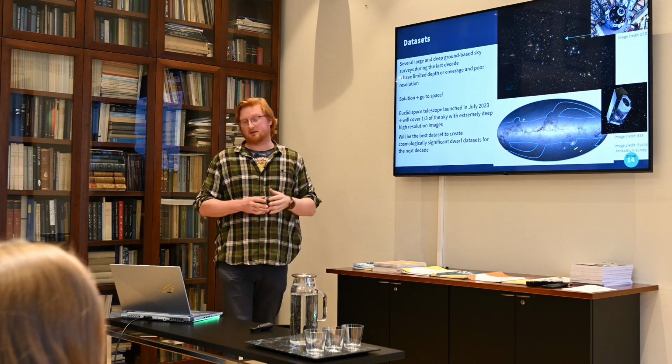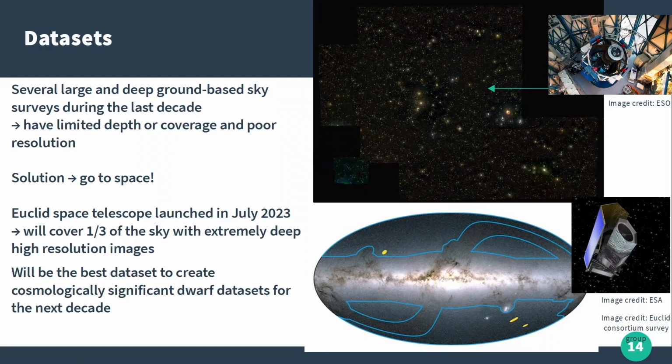It's very representative of what people have been doing for the last 10 or 20 years. There have been several wide field of view cameras that have very large CCD detectors and very large mirrors that effectively map large areas of the sky.